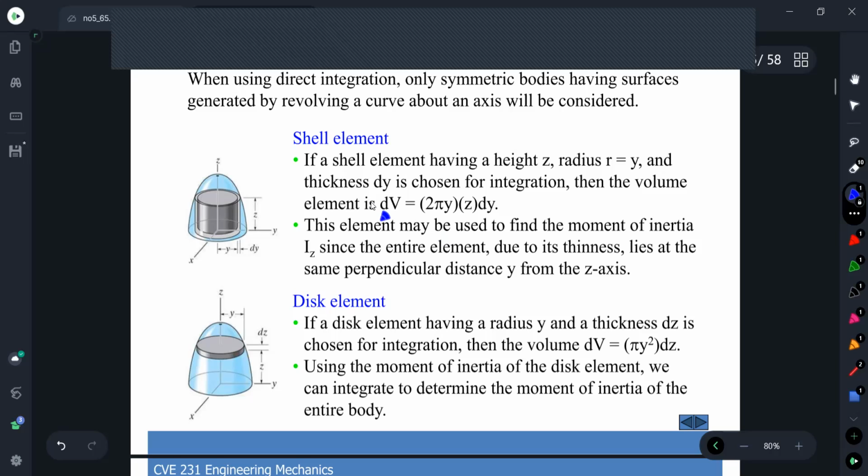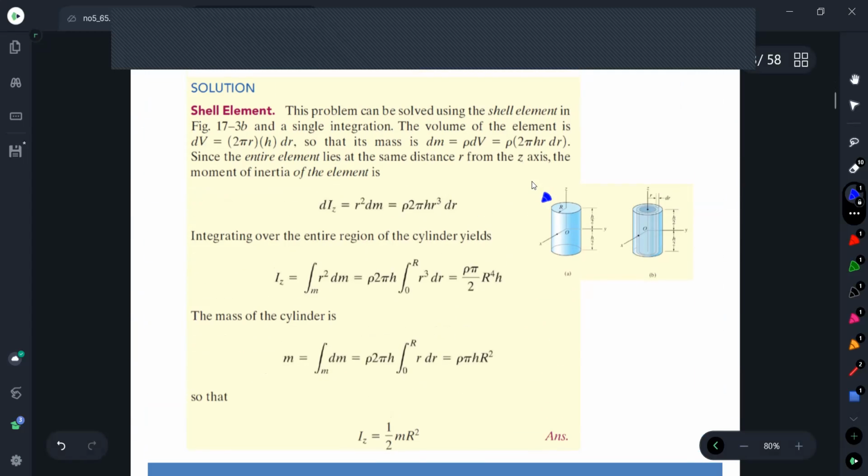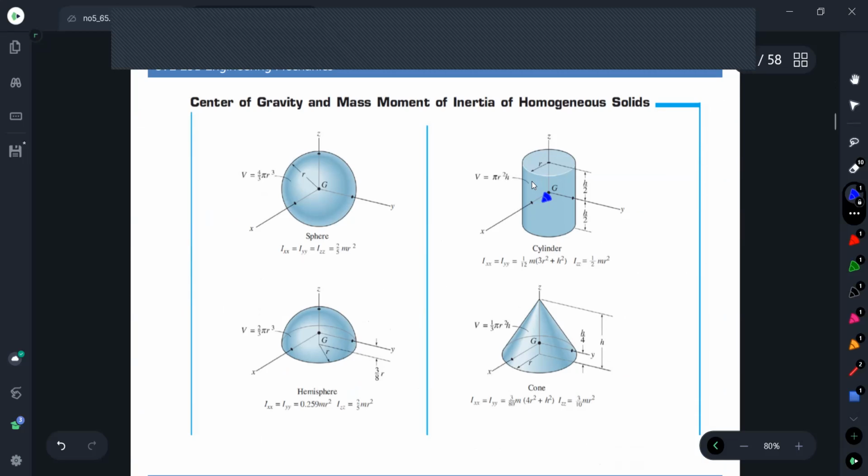I will skip this detail; for more, you may consult the textbook. This is just an example from the text of Hibbeler. For the general solid shapes, we already know the formulas, which come from integration.